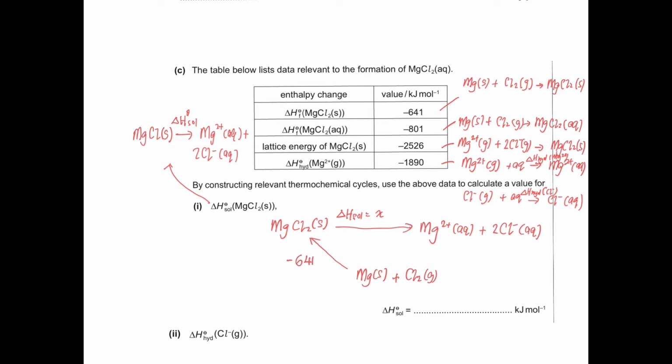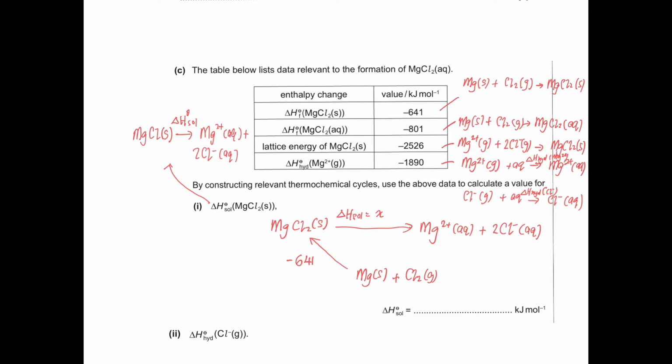Now I can use the second information here, the formation of magnesium chloride aqueous, which is this equation. I'm going to start from the elements, and I'm going to form magnesium chloride in aqueous, which is this, at the same time. So it's the same thing.